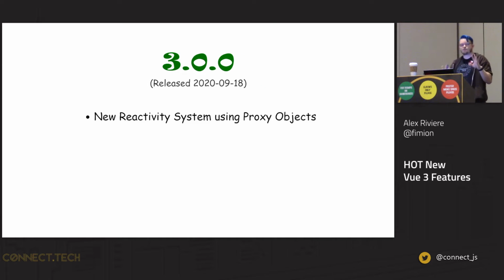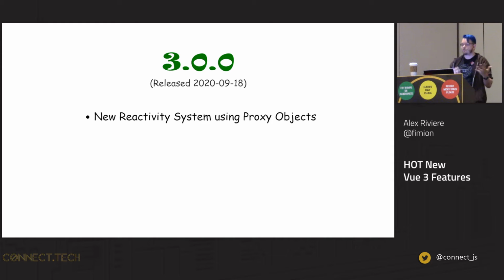Some things that were introduced with Vue 3: the new reactivity system using proxy objects. There is now a new native object in JavaScript called a proxy object. It allows us to look for properties that don't exist on an object and then do something with that. This replaces the define property method that we were using previously in Vue.